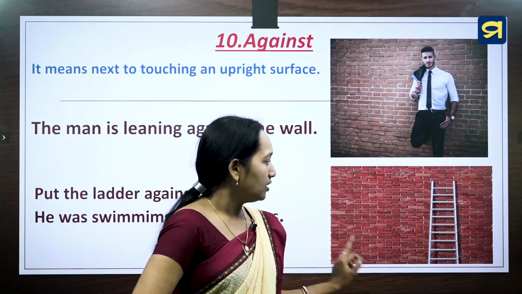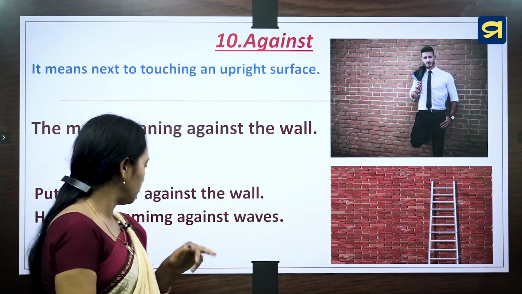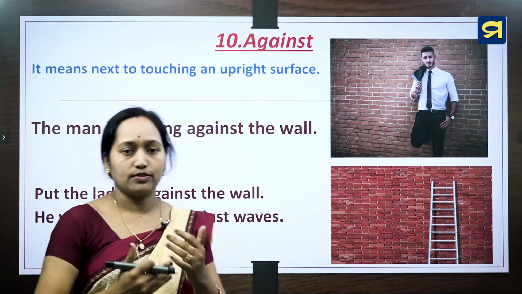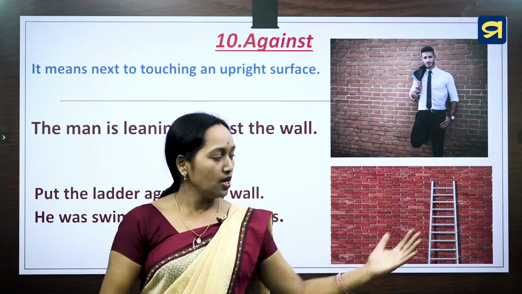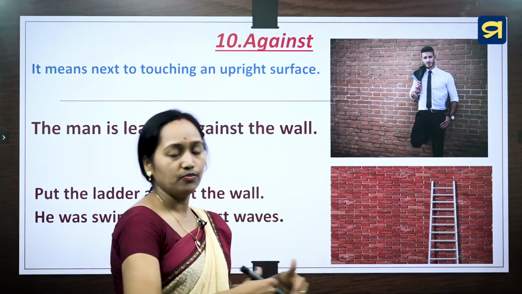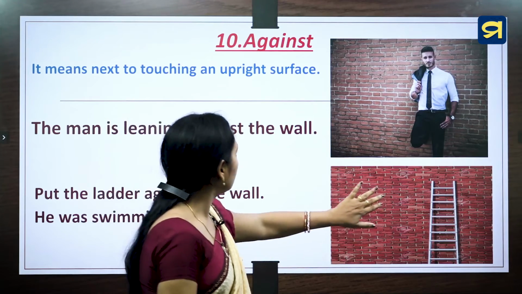This is your wall and there is a ladder against the wall. Or we can say, he was swimming against the waves. Suppose the waves were coming from this side and we are swimming from that side. In that case we are using the preposition against.